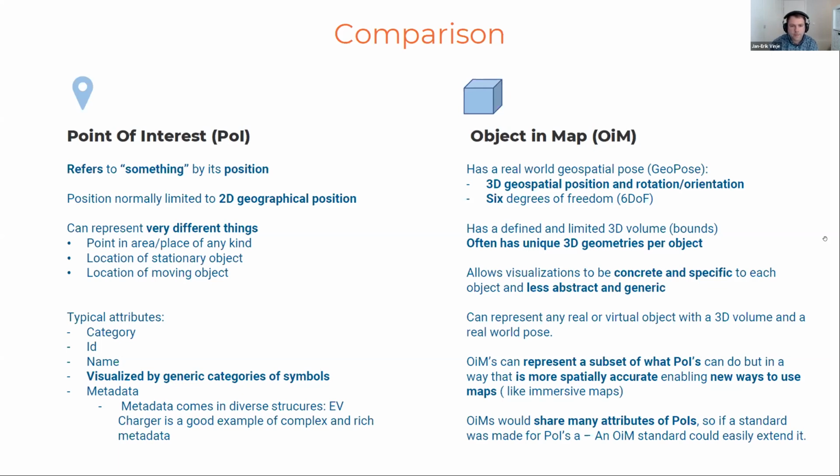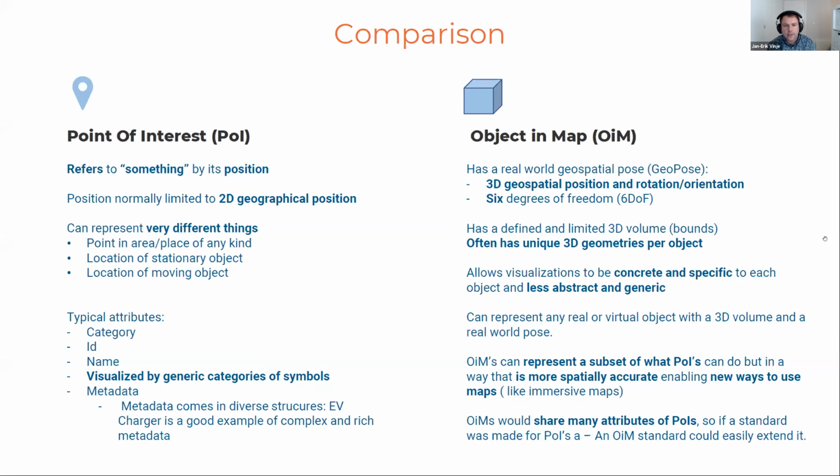Objects in maps share many of those features, but you need to go to the third dimension when you're talking about an object. And if you want to have them in a map, you need their real-world geospatial pose. You need a 3D geospatial position and orientation, which allows for six degrees of freedom positioning of the object.